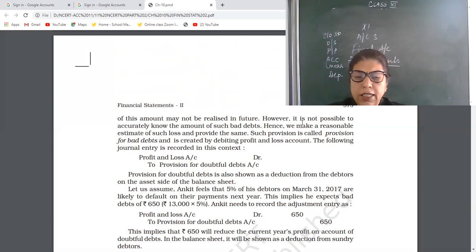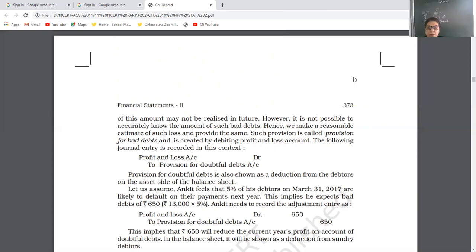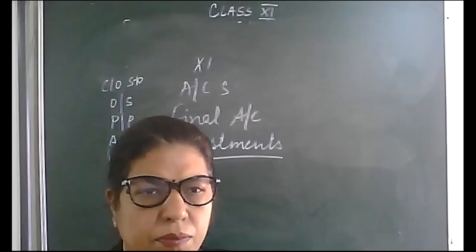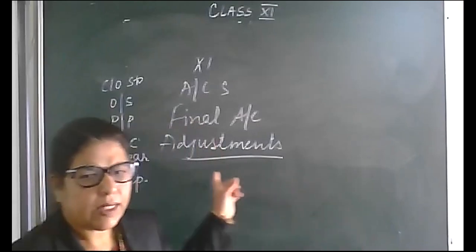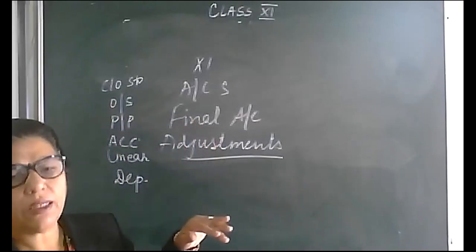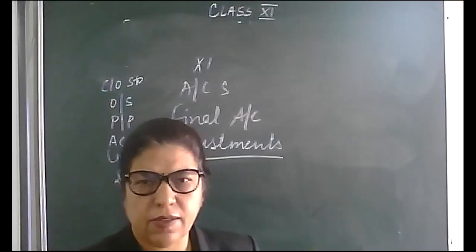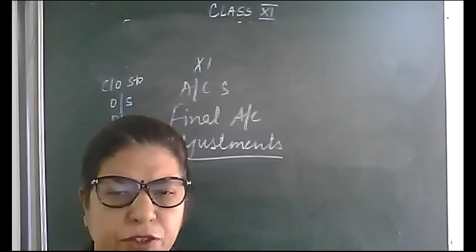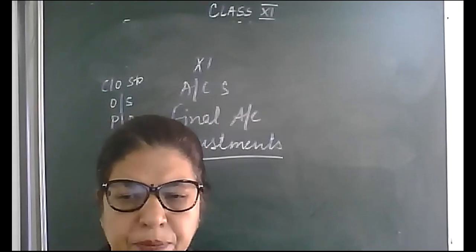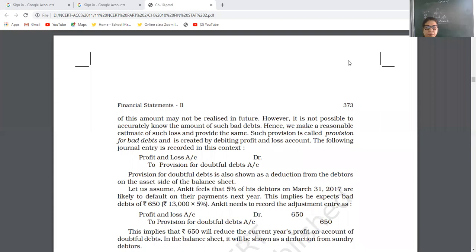Profit and loss account debit to provision for doubtful debts. Yesterday we completed those adjustments and today we are starting after these. If you have any doubt, you can ask afterwards, but please note down.